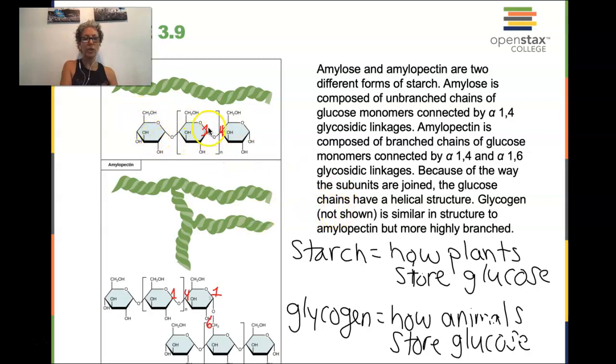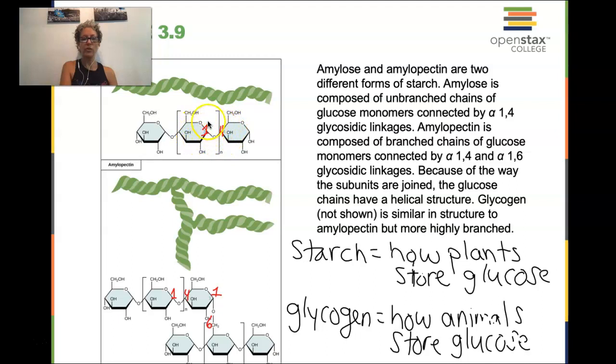We have two glycosidic bonds shown, and it says that amylose is unbranched chains by an alpha 1,4 glycosidic link. So these are alpha glucoses, so that's why it's an alpha linkage. And we have carbon 1, 2, 3, 4, 5, 6. And here 1, 2, 3, 4.